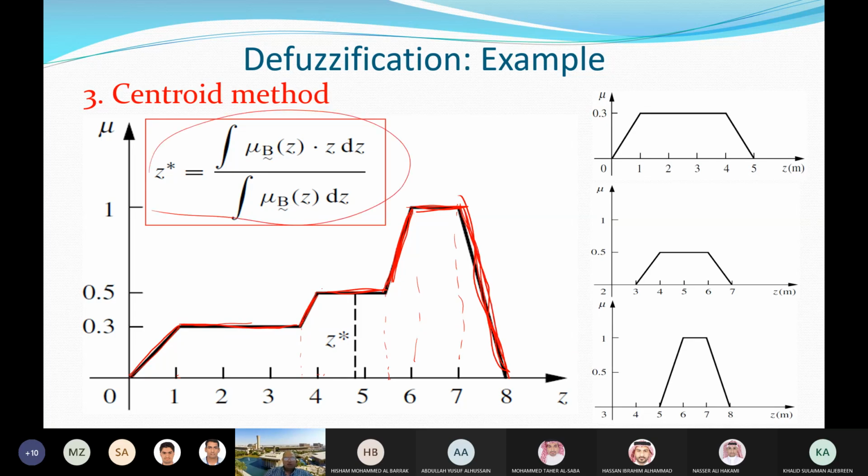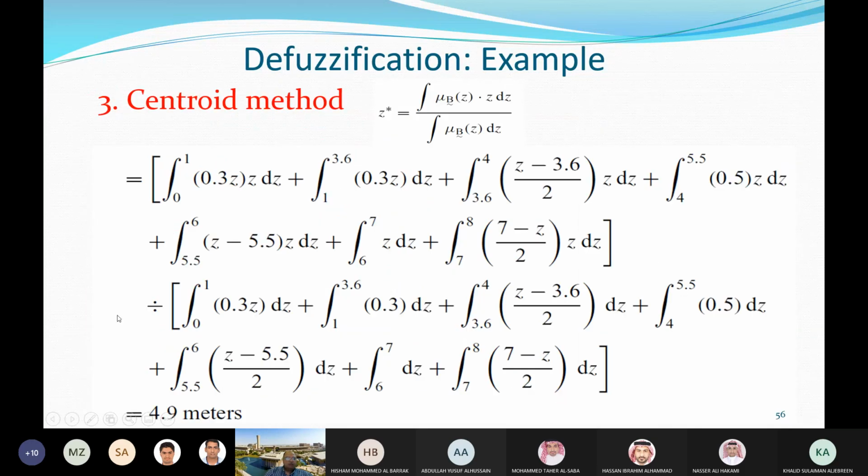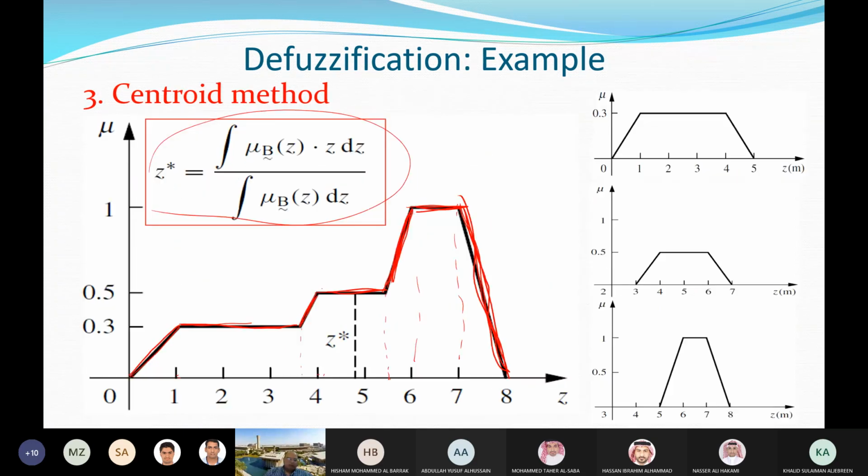So you implement this rule as follows. This is the equation of the straight line that you have here. Of course, it passes through the origin, and the slope here is 0.3 over 1. So the function is 0.3 times z. This point is 0.3.